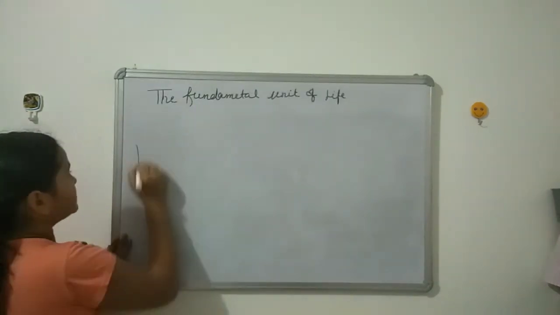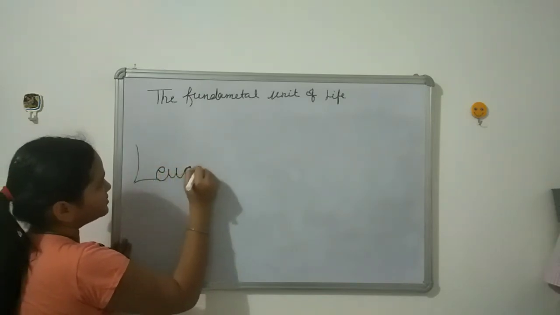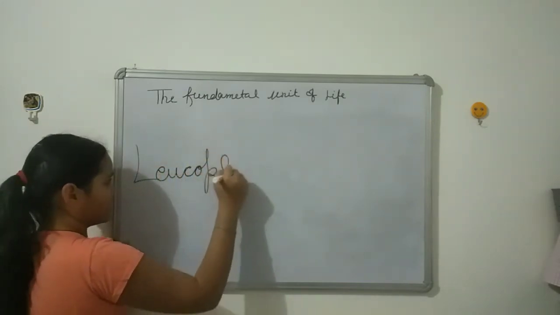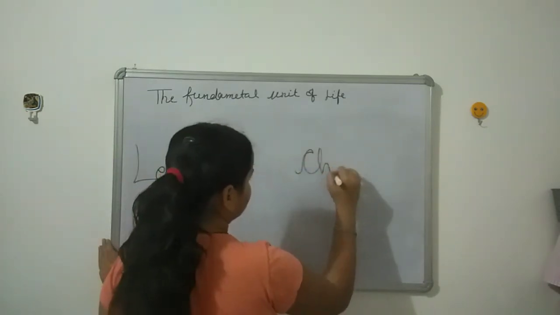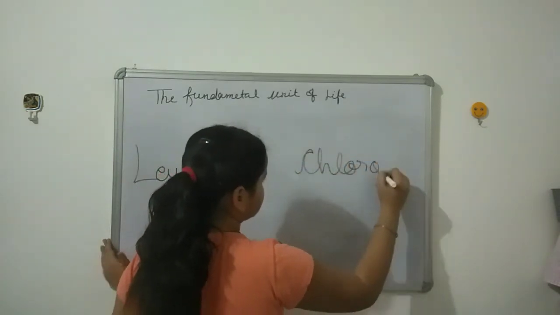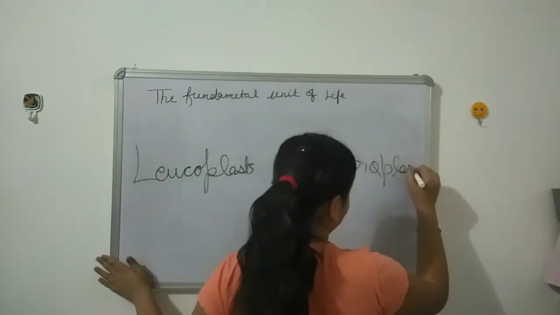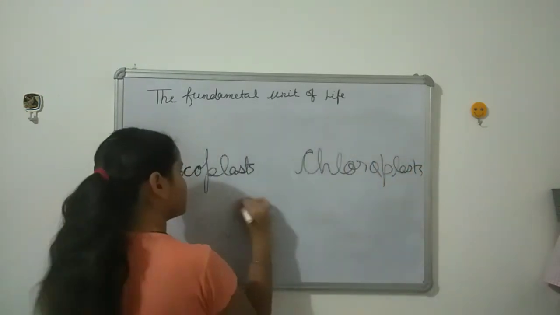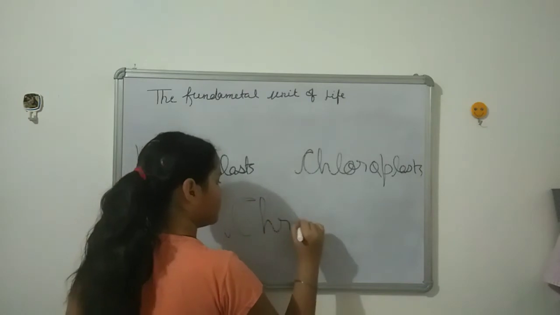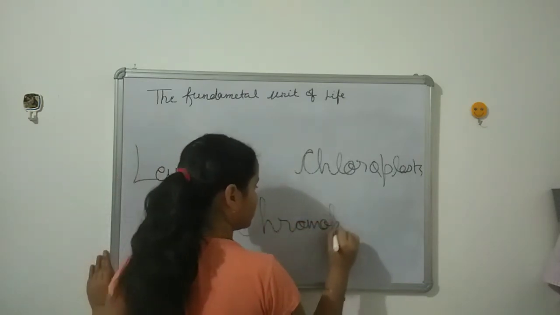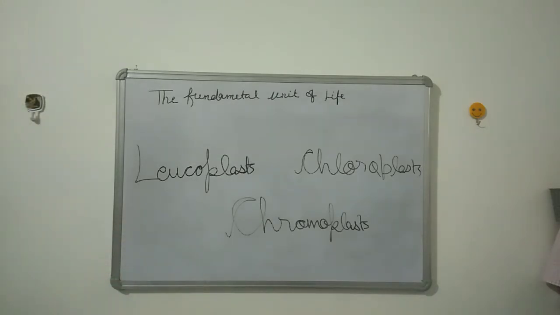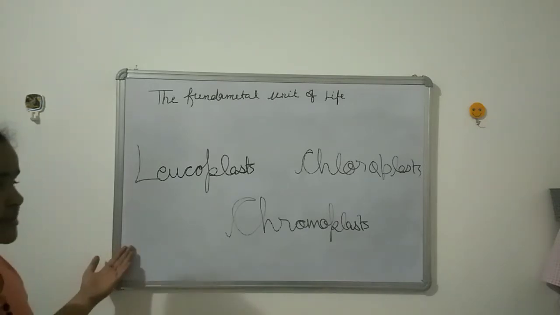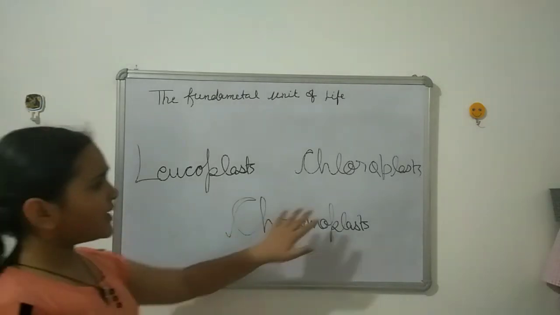So there are basically three types: leucoplasts, chloroplasts and chromoplasts.